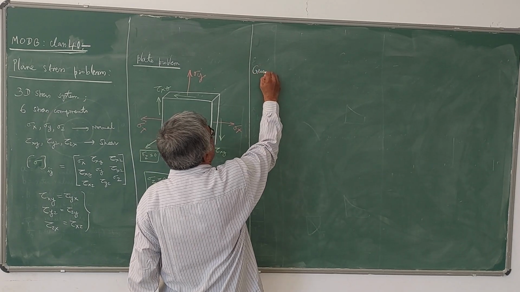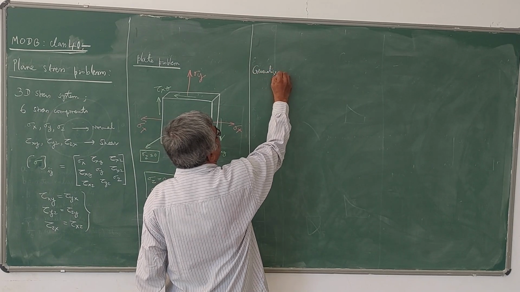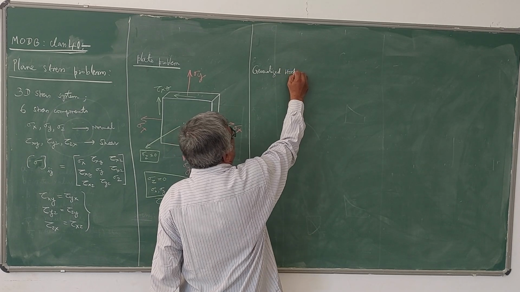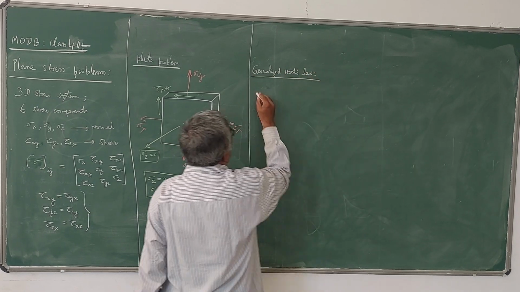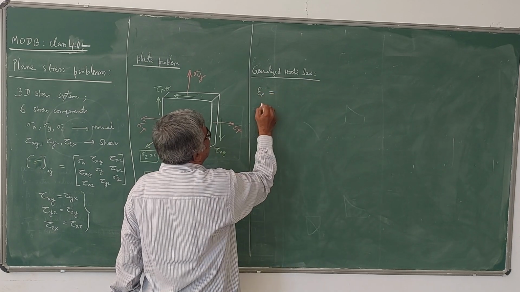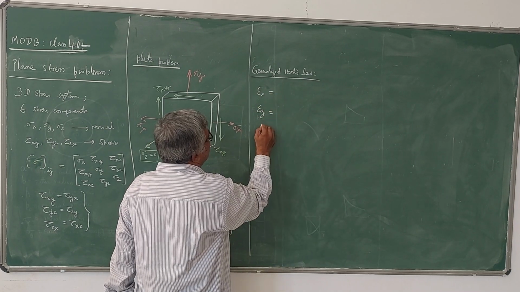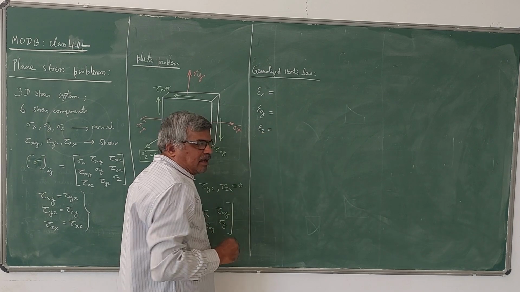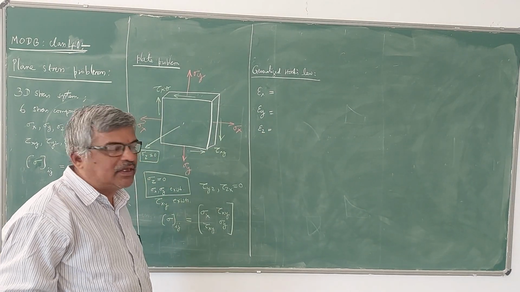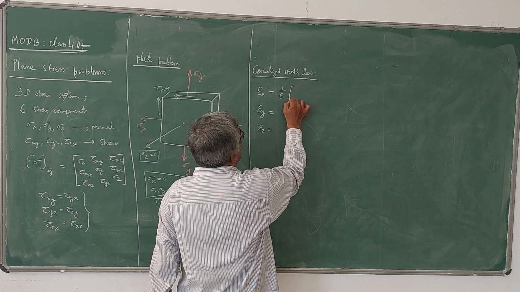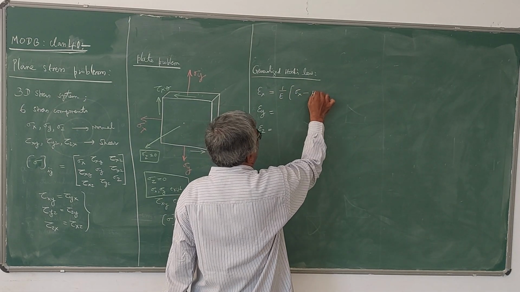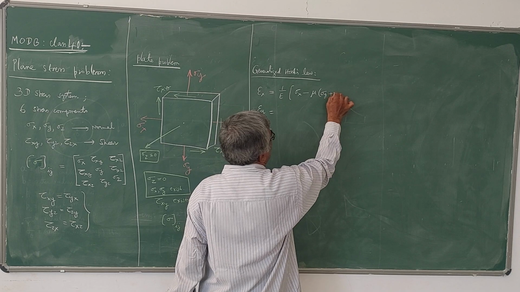You know generalized Hooke's law, which I have explained in the earlier video. According to this, you have equations like this. Generalized Hooke's law gives the strain in three directions x, y, z by knowing the stresses. Epsilon x is 1 by E into sigma x minus mu times sigma y plus sigma z.